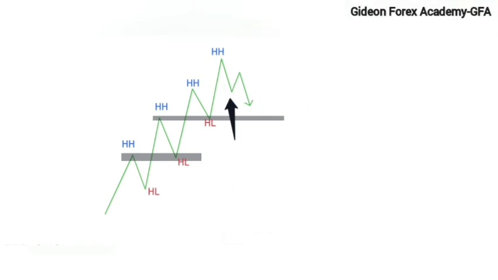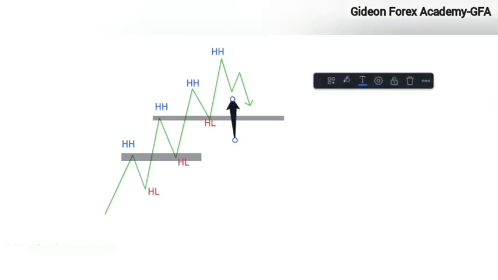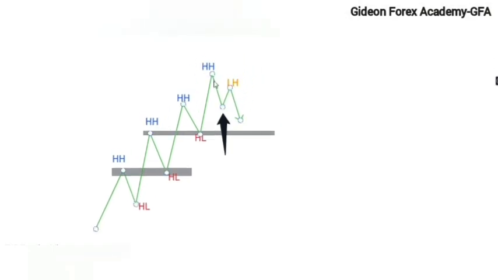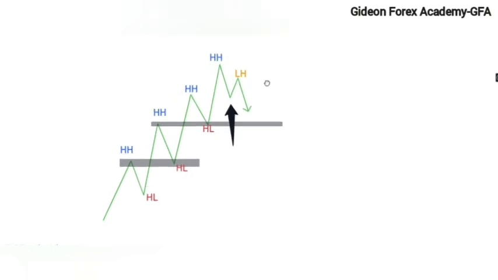The reason is because after this swing low, it created a lower high. This is a lower high. This high is lower than this high. That is why we call this high a lower high.